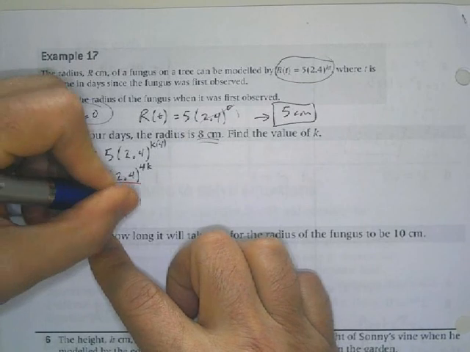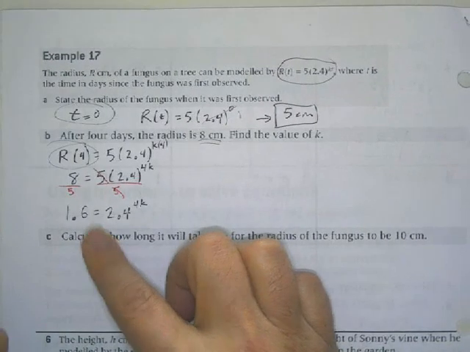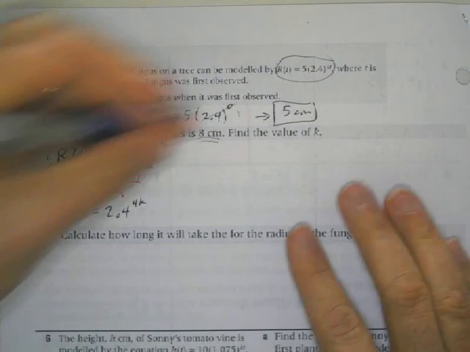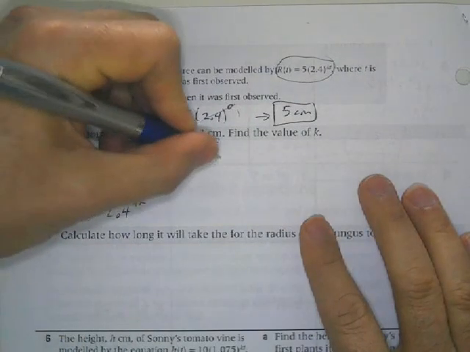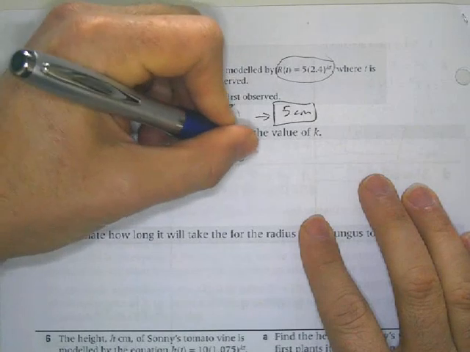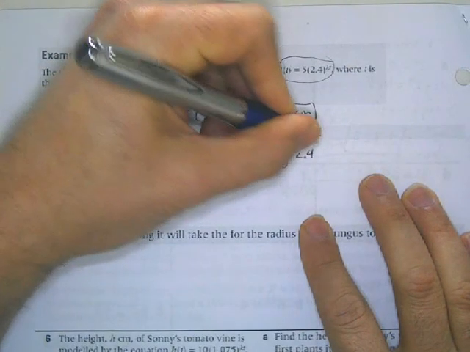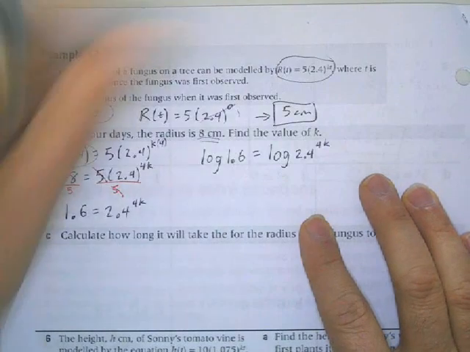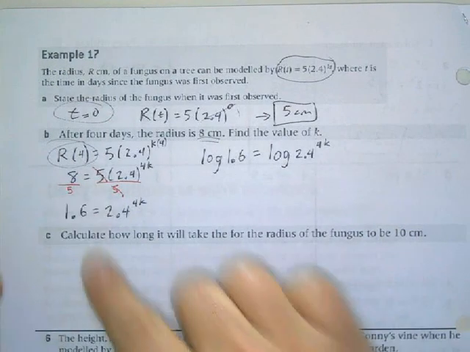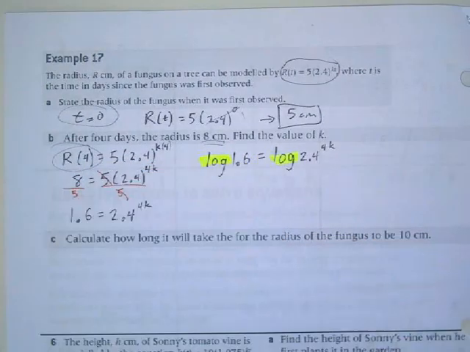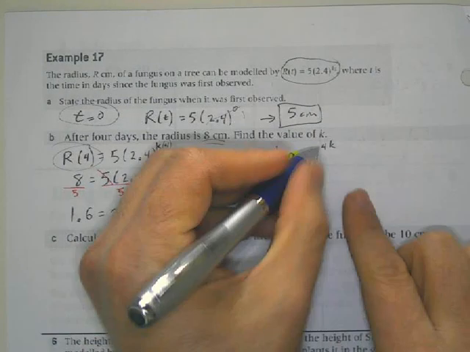And now we're just going to practice what we just did on the previous page, where we're going to do log on both sides. So I'm going to say log of 1.6 equals log of 2.4 to the power of 4k. Now I'm going to use the power rule and bring that to the front.